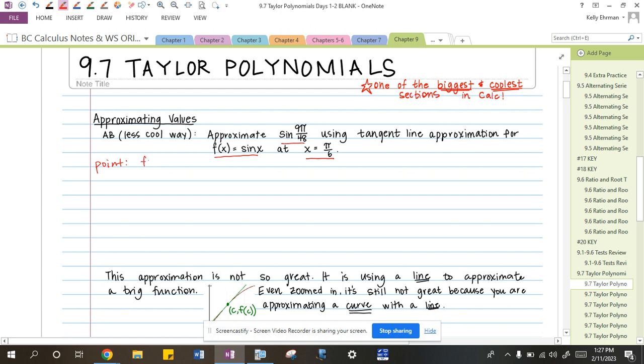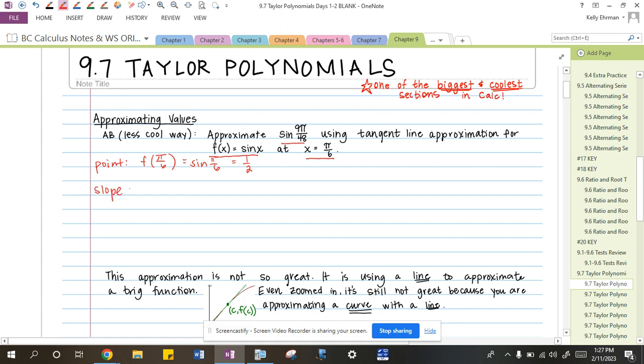So the point would be f of pi over 6. This is the point of tangency. So sine of pi over 6 is 1/2. So we've got the point pi over 6, 1/2.